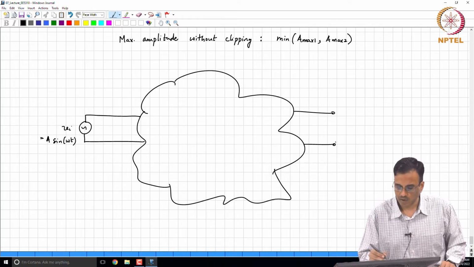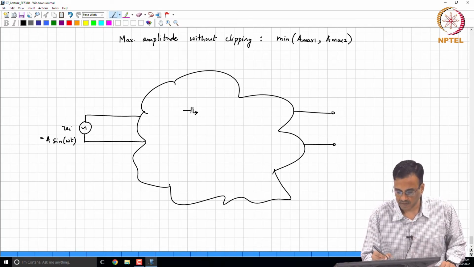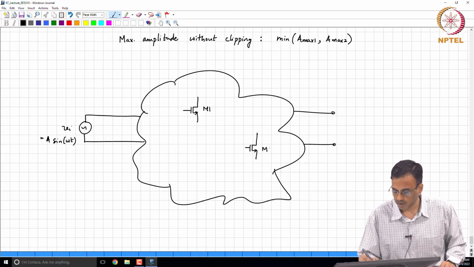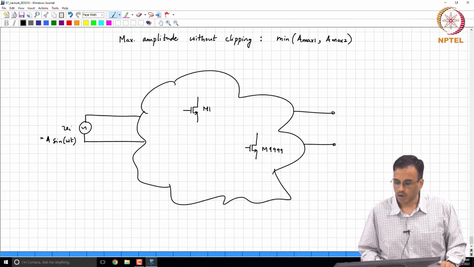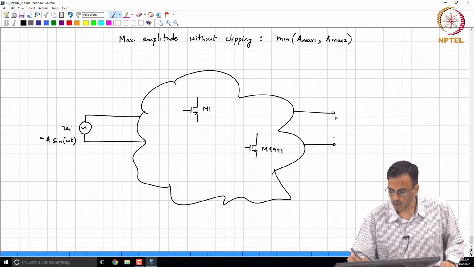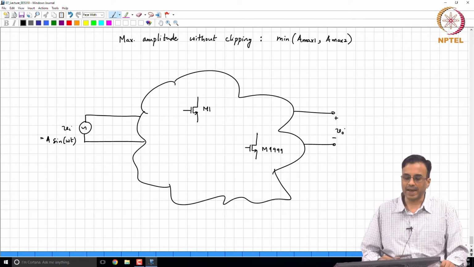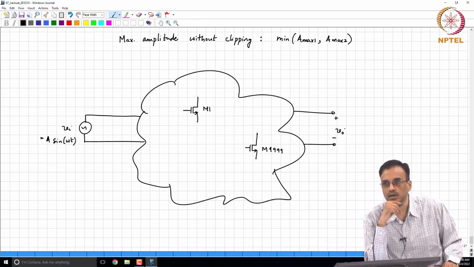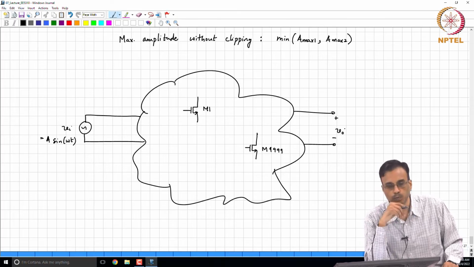And let us say there are 10,000 transistors inside this network, M1, I do not know, M9999. So, this is say VO. How will we find the maximum input amplitude before the output gets distorted?